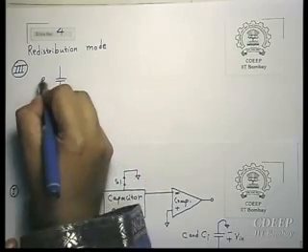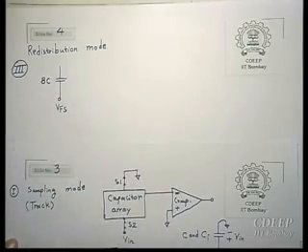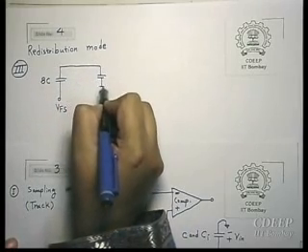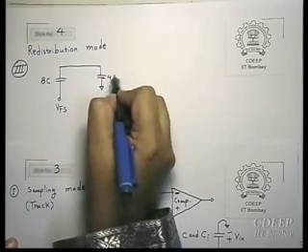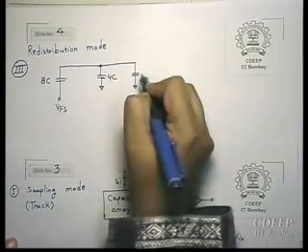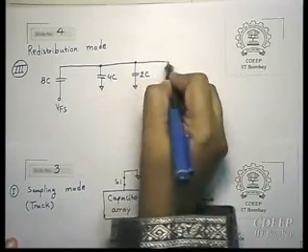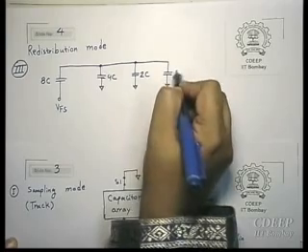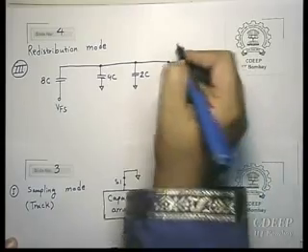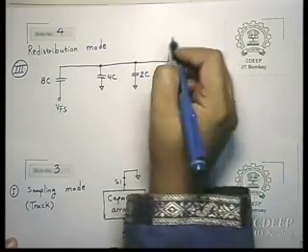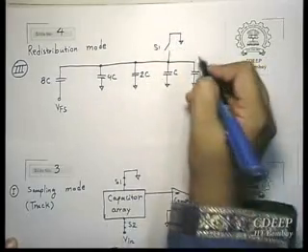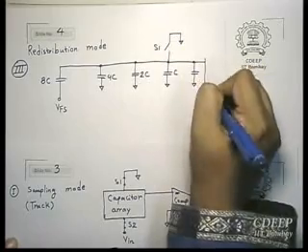In this case it is 8C. And the others will be connected to ground, which is 4C, 2C, and C. And S1 is open, and this goes to the comparator.